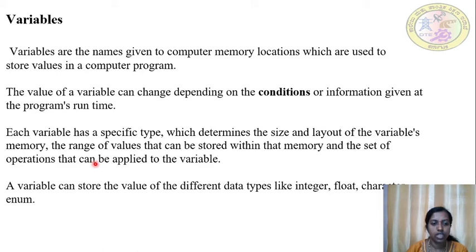A specific type can be one of three basic types: integer, character or floating point data type, which determines the size and layout of the variable's memory and the range of values that can be stored within it. A variable can store values of different data types like integer, float, character, enum data type.